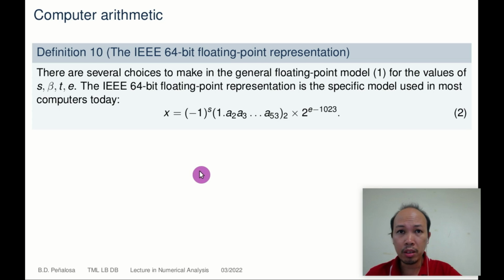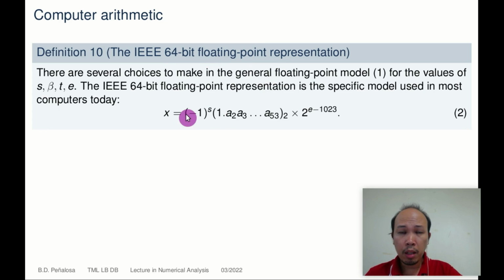Then a given number, for example, let's focus on a number. Example, if you have a real number 20, it may have a different representation in a computer made in USA, and a different representation if you are using a computer made in Russia or made in China. So this committee decided to create the standard floating point representation of a given number.